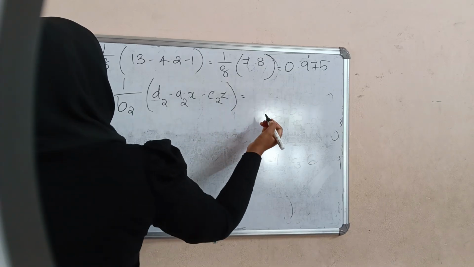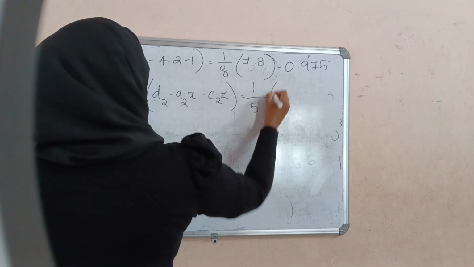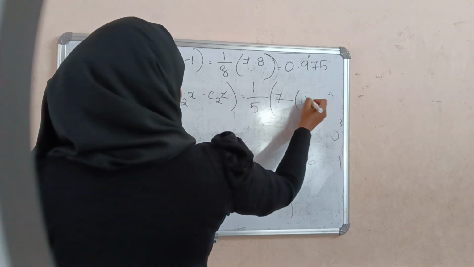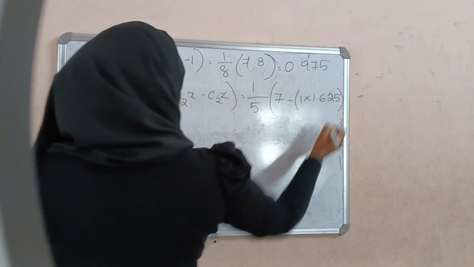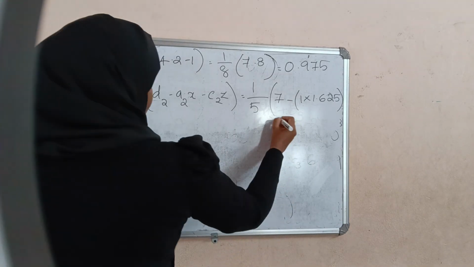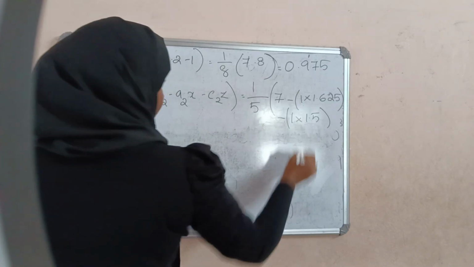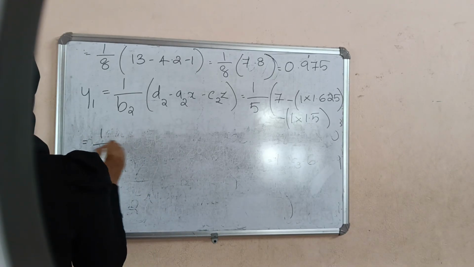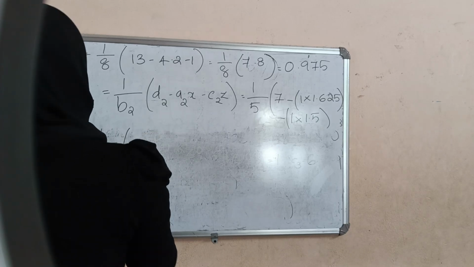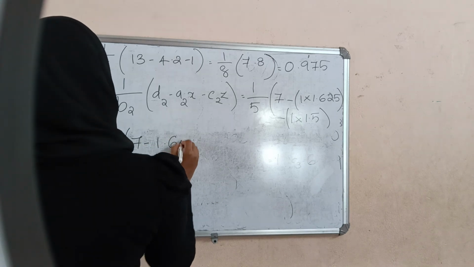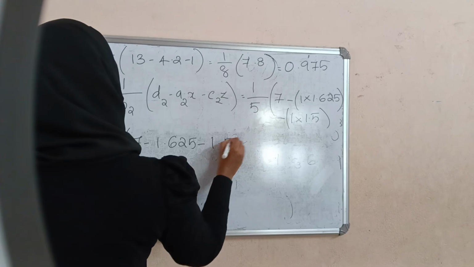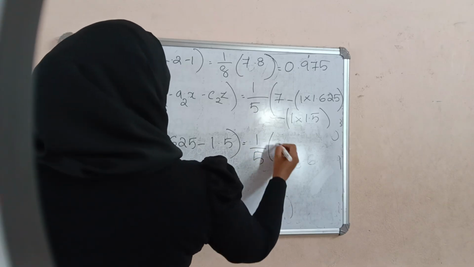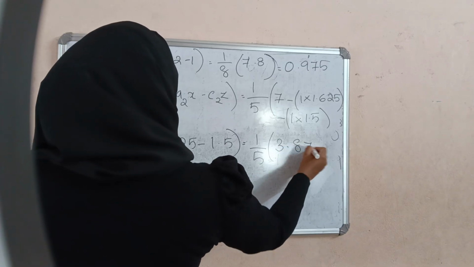So the values are 1 by 5 into 7 minus 1 into 1.625 minus 1 into 1.5, which is equal to 1 by 5 into 7 minus 1.625 minus 1.5, which is equal to 1 by 5 into 3.875.